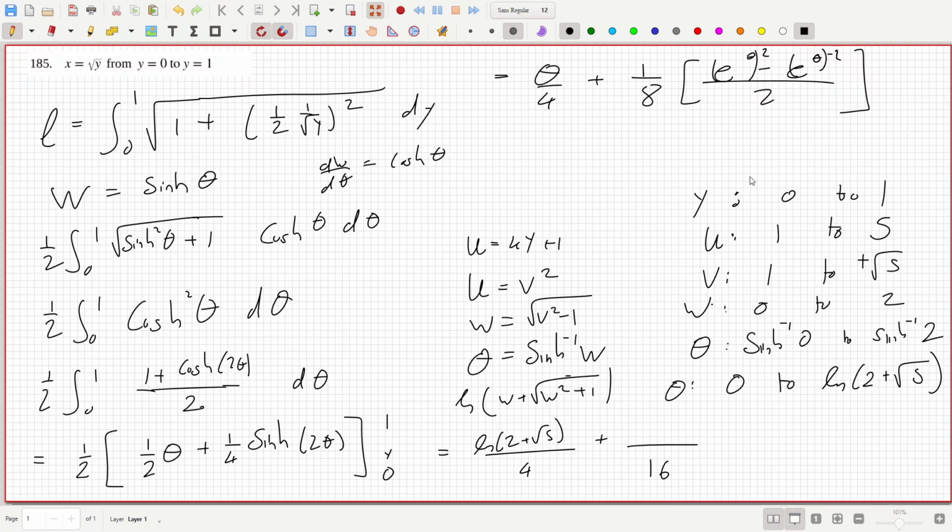Okay, so e and log cancel, so it's just 2 plus root 5 squared minus 1 over 2 plus root 5 squared over 16. And then minus, putting in 0. E power 0 is 1. E power 0, okay, so that's gone, thankfully.